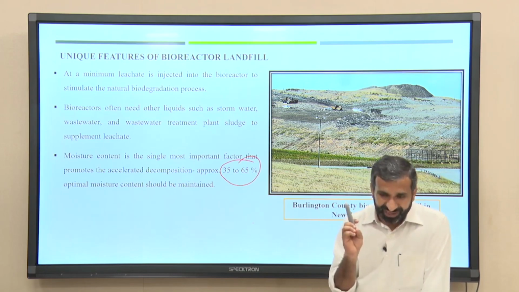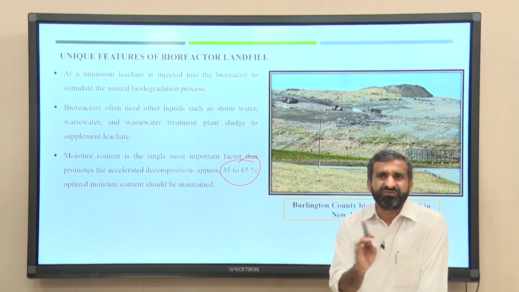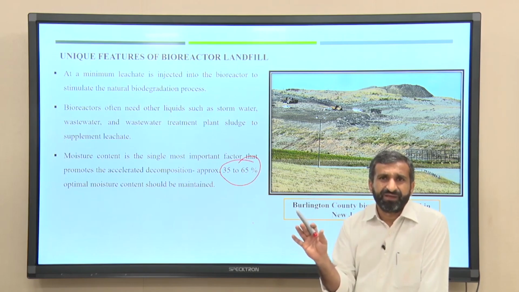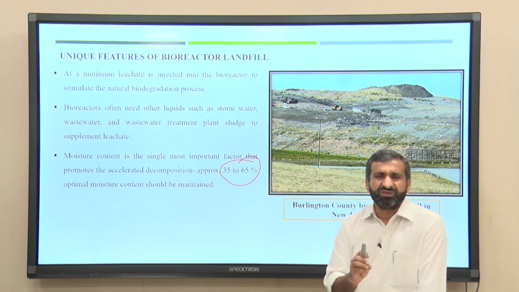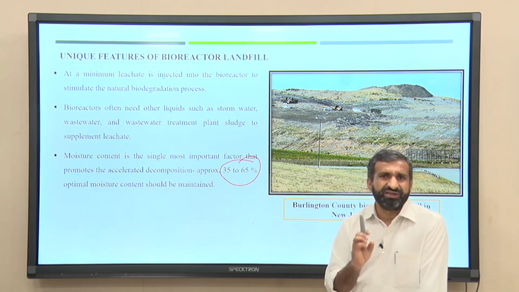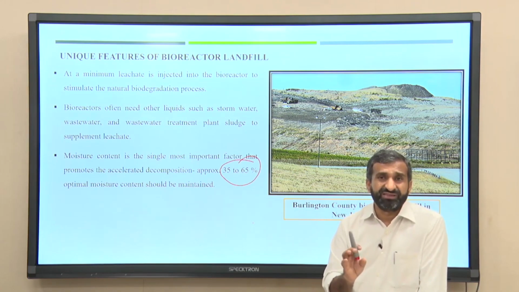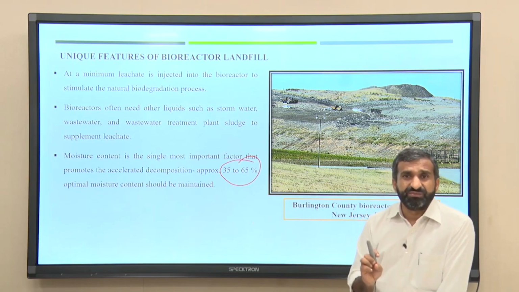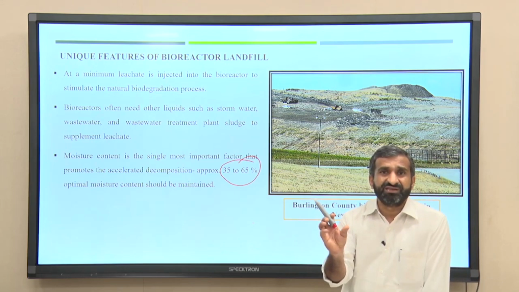The problem in the landfill area is that the upper portion will always be dry, because it is open to the atmosphere, and only the bottom portion will be anaerobic, where degradation is slow. Suppose there is no rain, no precipitation, for the 6 to 7 or 8 months after 3 months of rainy season.